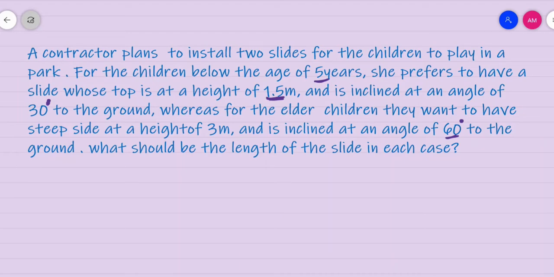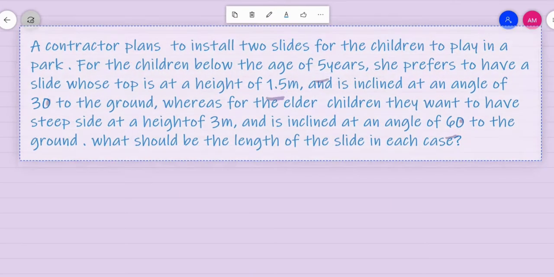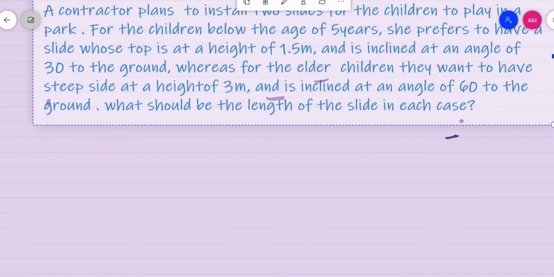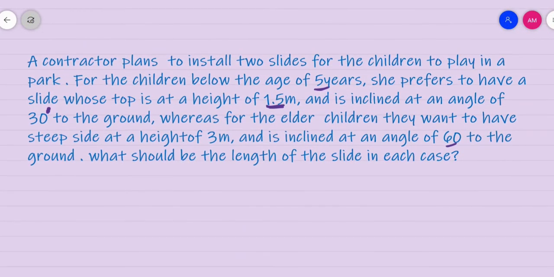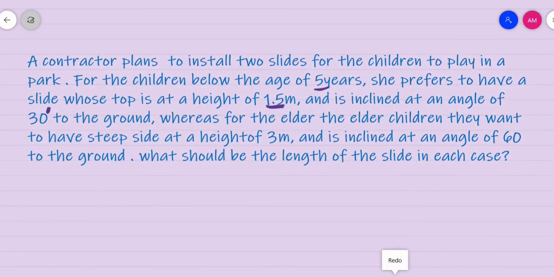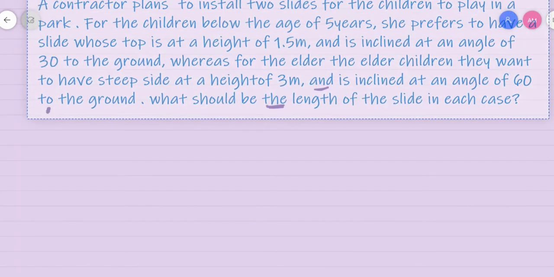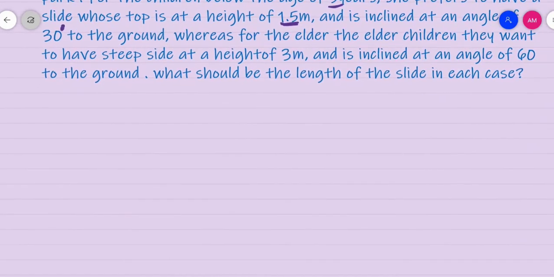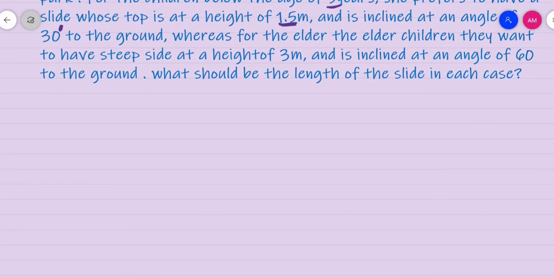Now children, we have already understood we need 2 slides. So let us first prepare the slides. Now see, let us draw the slides.